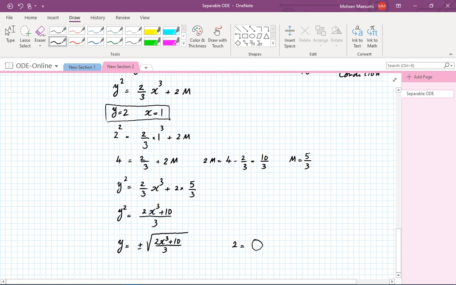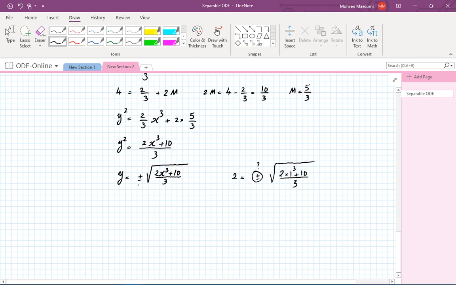Here's a question mark if I'm supposed to have a plus or minus. My x is 1. Well, 2 times 1 cubed plus 10 is 12. Divided by 3, that's going to be 4. Square root of 4 is 2. And of course, I need a plus sign here for the two sides to be equal. With a minus sign, they will not be equal.